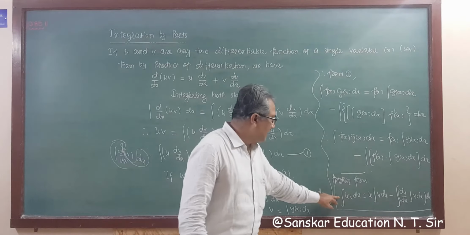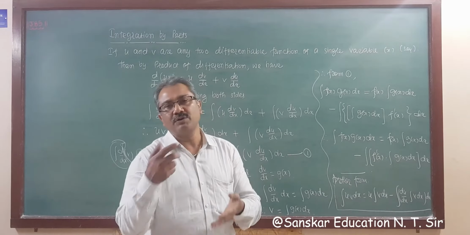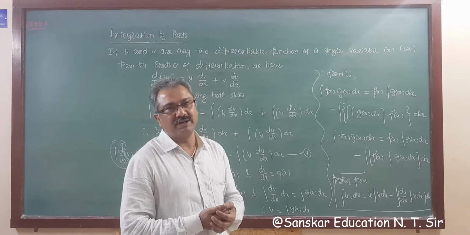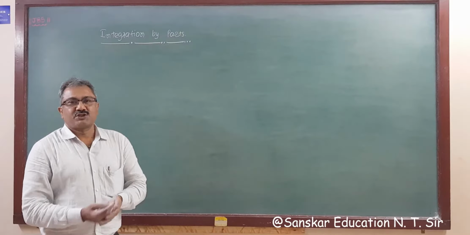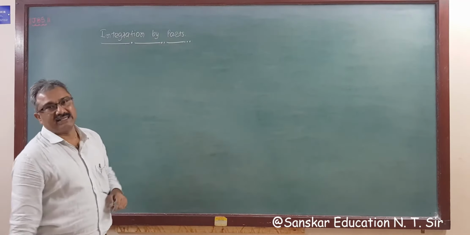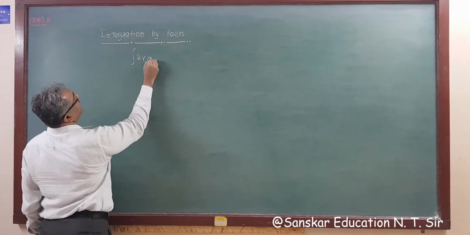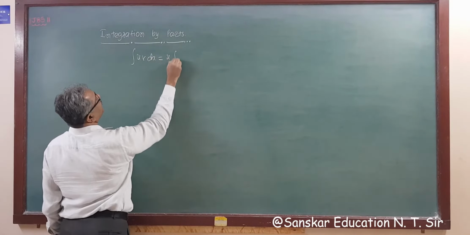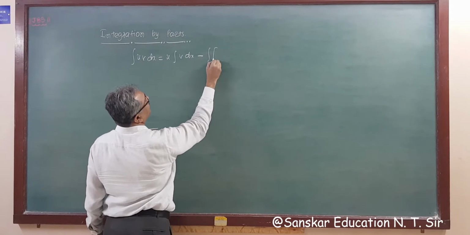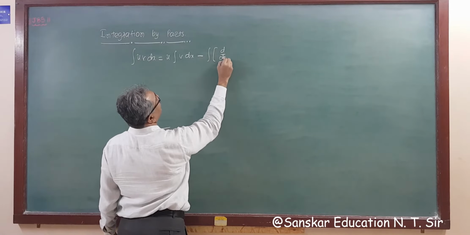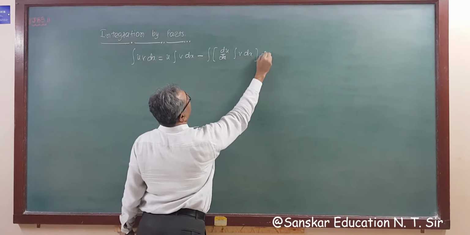So remember this, and for using this formula you have to remember which function you have to take as u and which function you have to take as v. That is more important. As we discussed, the rule for integration by parts is integration uv dx is equal to u integration v dx minus integration of d by dx of u, integration v dx, bracket over dx.